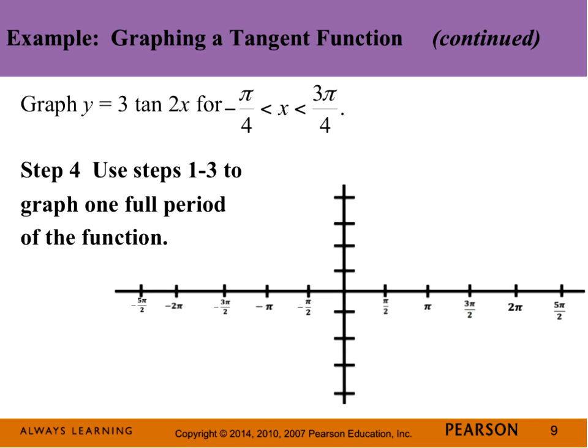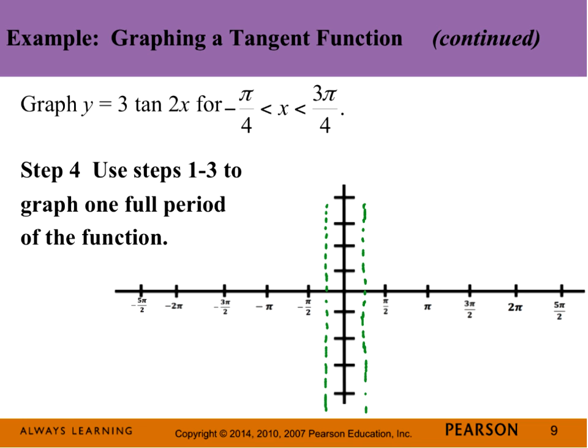Okay, so I have asymptotes. I'll do those in green. I have them at negative pi over 4. I have them at pi over 4. Use your imagination on the linear aspect of that asymptote there.